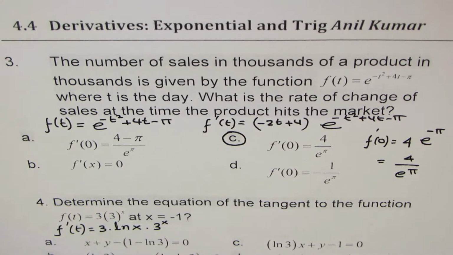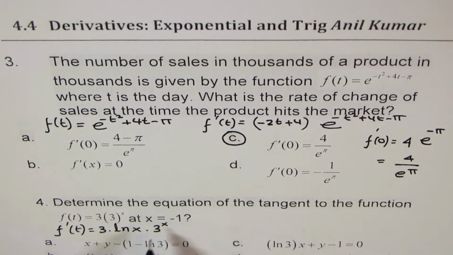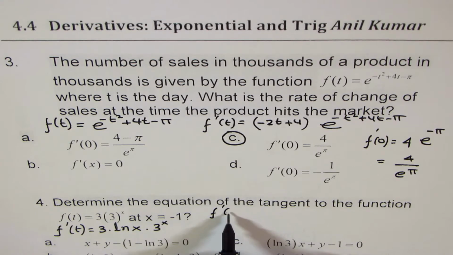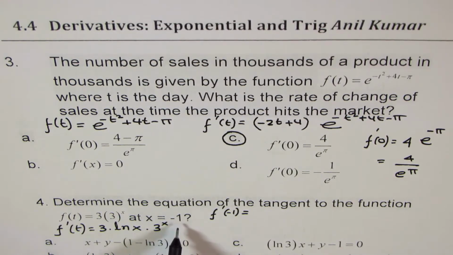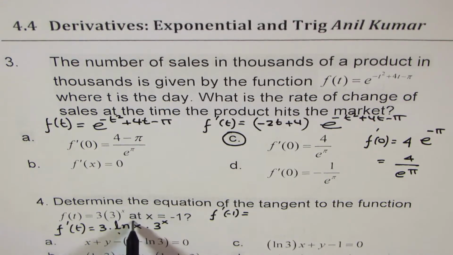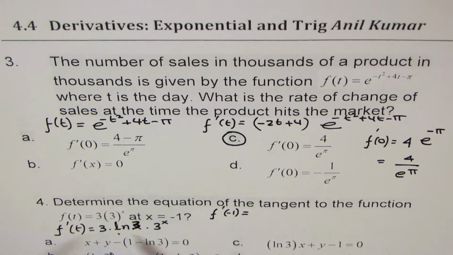That becomes the derivative of the function. At minus 1, the derivative will be, sorry, this is ln 3, I'm sorry, 3 times ln 3 times 3 to the power of minus 1.